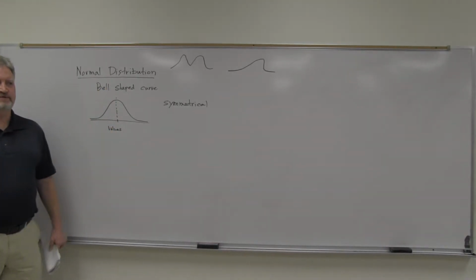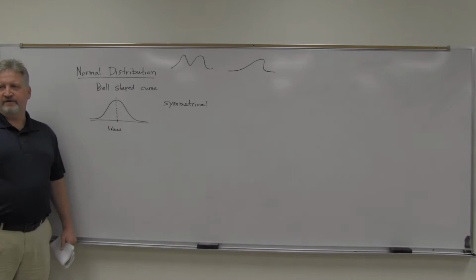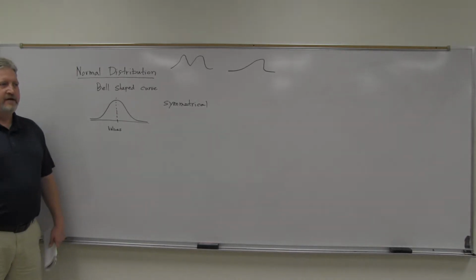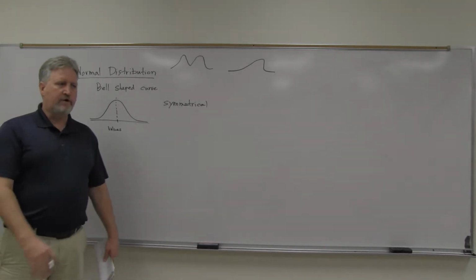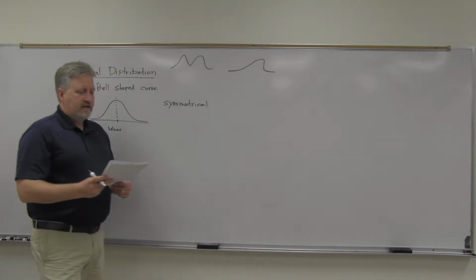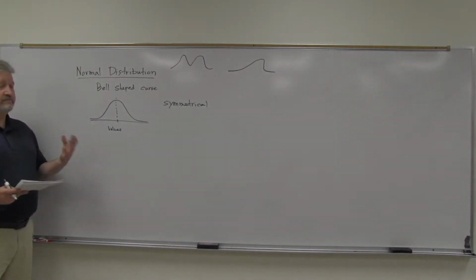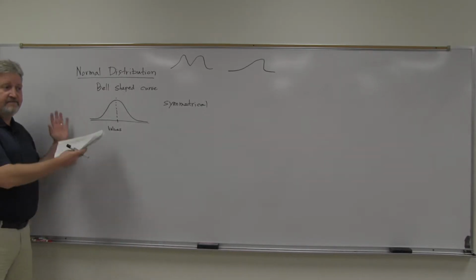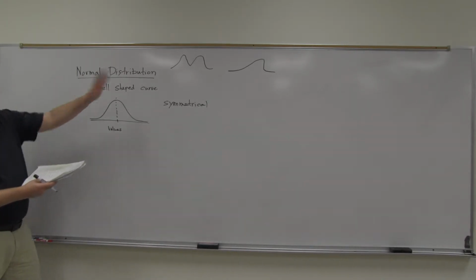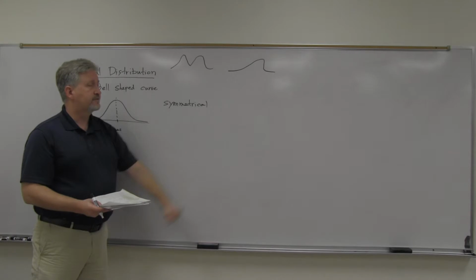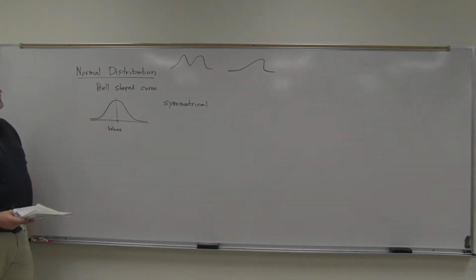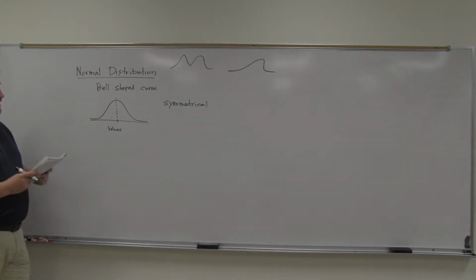That's what we mean by symmetrical: one side is a mirror image of the other side, okay? Like we said, in application, a lot of times that's what you get. You get more of these symmetrical bell-shaped curves.